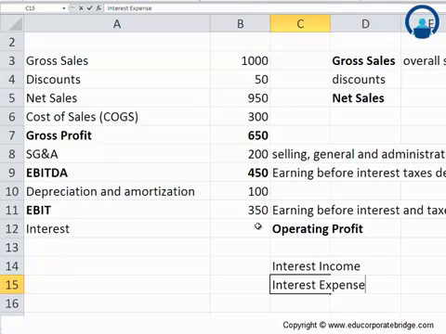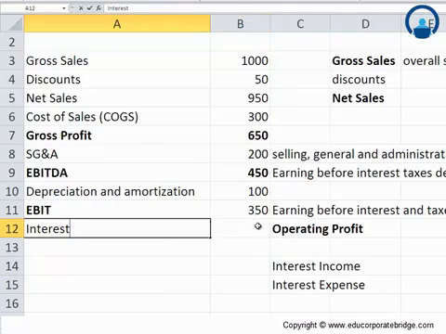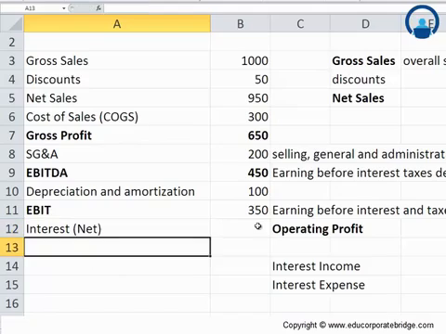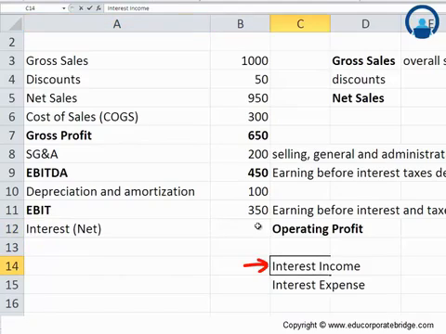So this is interest expense, and it actually is a part of the profit and loss statement or the income statement. So here I will use the word net, which is defined as interest income minus the interest expense.